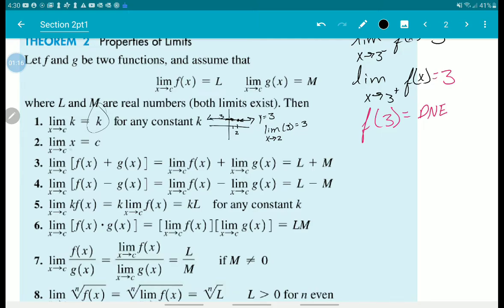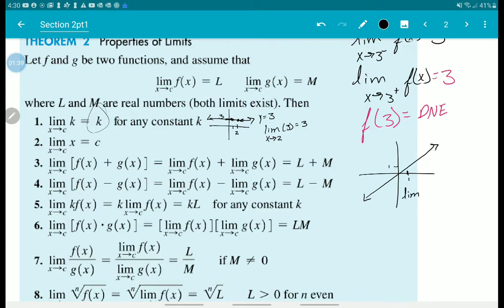Property 2 is looking at the function y equals x. If we take the limit as x approaches c of x, then we're going to just get the number c. So we know y equals x looks like this. So let's say we are looking at the x value of 1.